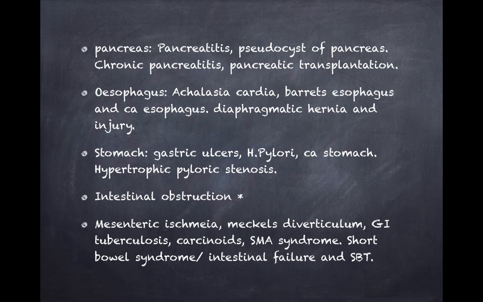Then regarding carcinoma stomach, what is important here is the classification. There are different classifications introduced for carcinoma stomach and a number of named procedures as well. Depending upon the location of the growth, you might have to carry out different procedures with different levels of lymph node clearance. So here the classification plays a very important role.